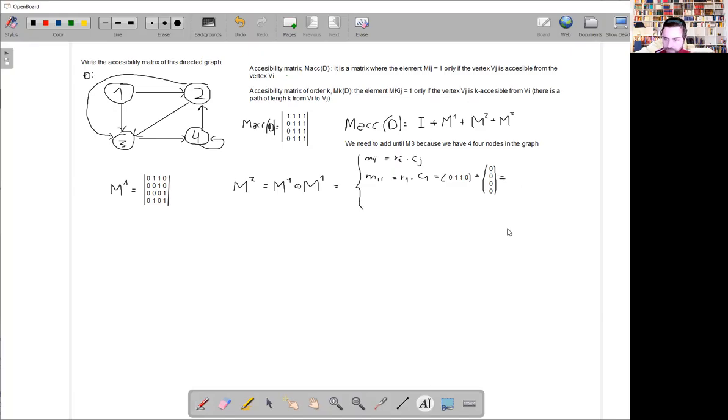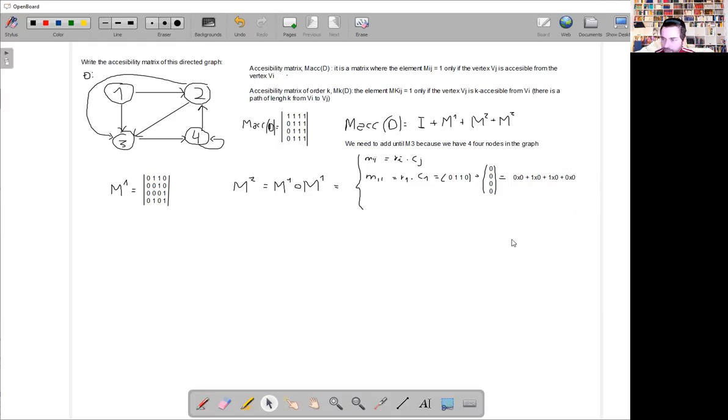And the way of doing this multiplication is term by term, right? So we multiply 0 by 0 plus 1 by 0 plus 1 by 0 plus 0 by 0, right?